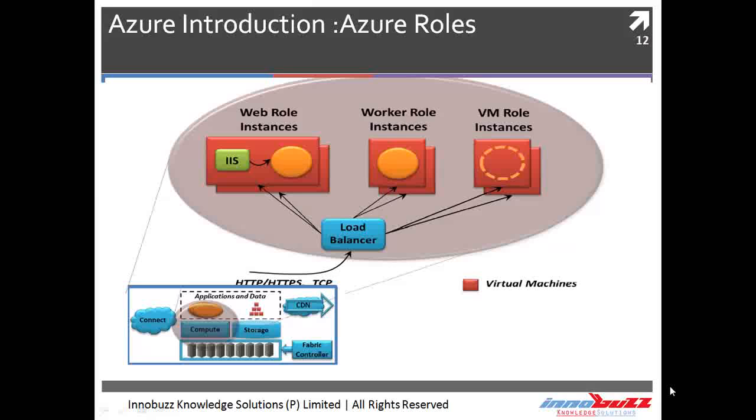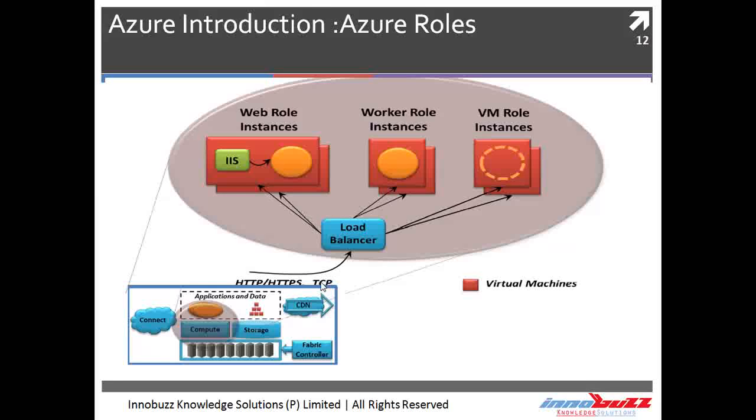As this picture shows, the request from the application's user over here can be made using protocols such as HTTP, HTTPS, or TCP. However these requests arrive, they are load balanced across all instances of a role.